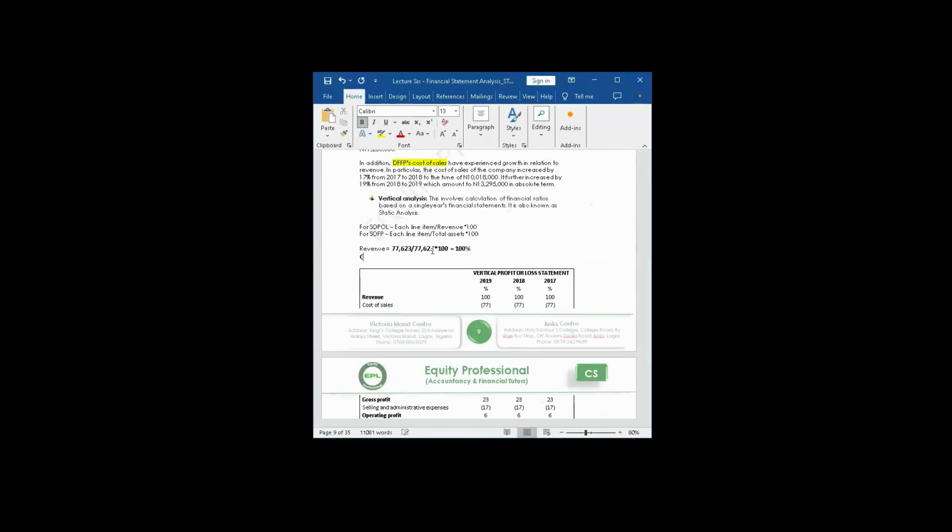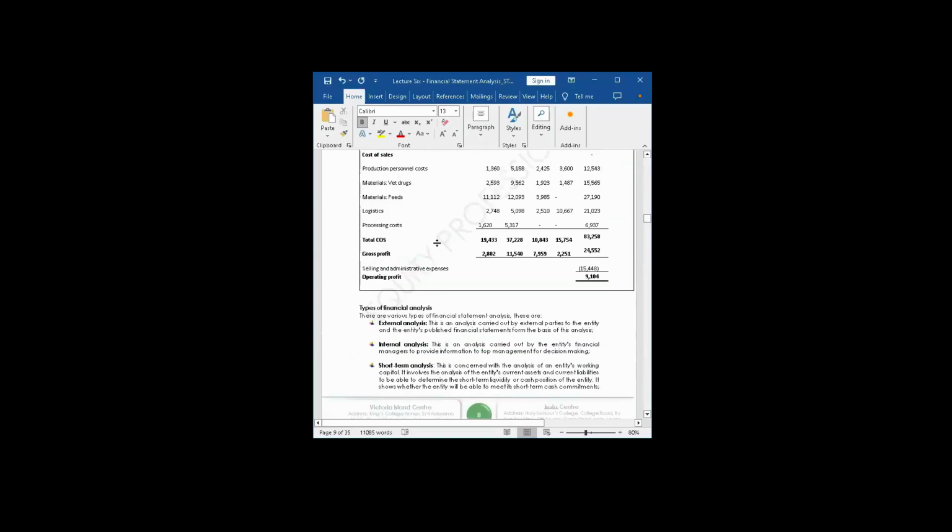For cost of sales, that will be equal to, what is my cost of sales in 2017?